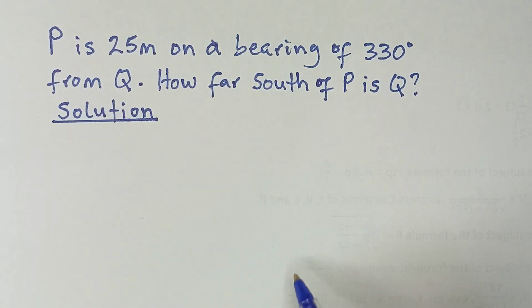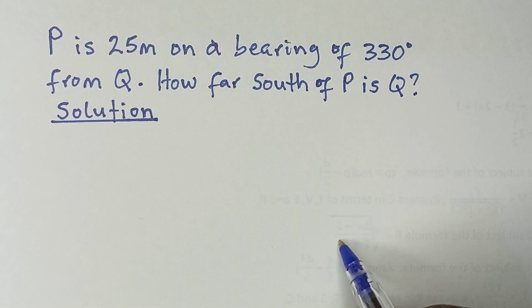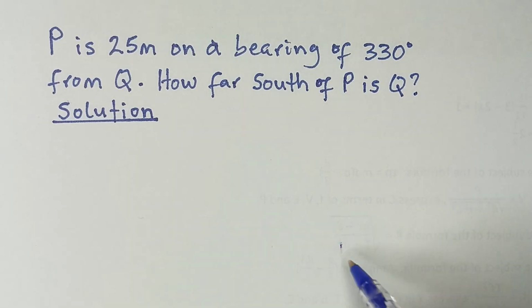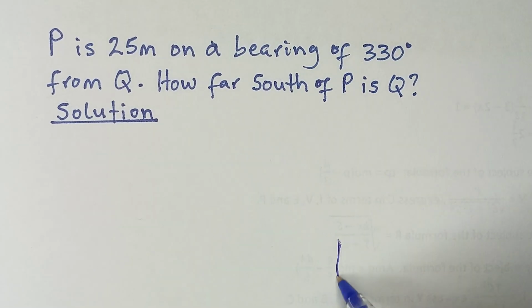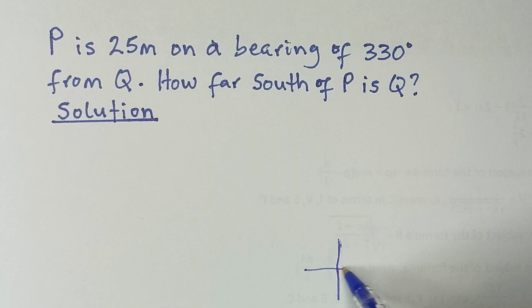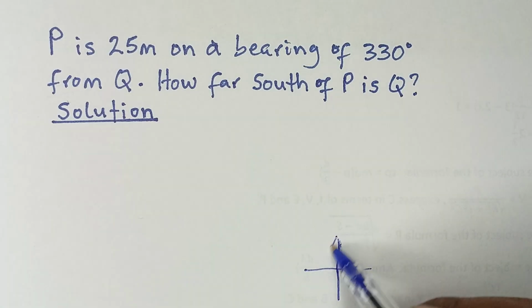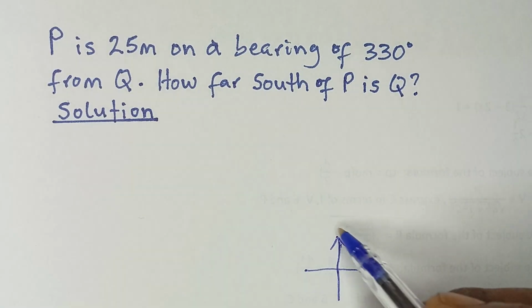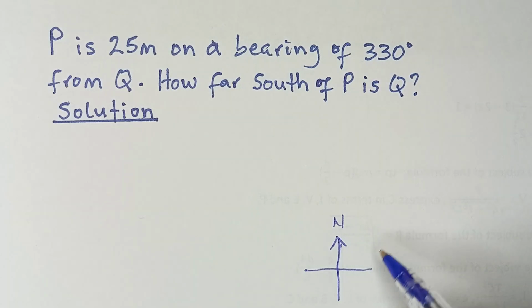So because of that, I can simply draw my cardinal point here. I'll draw this as my cardinal point, and then this is the north pole, that's the north direction.